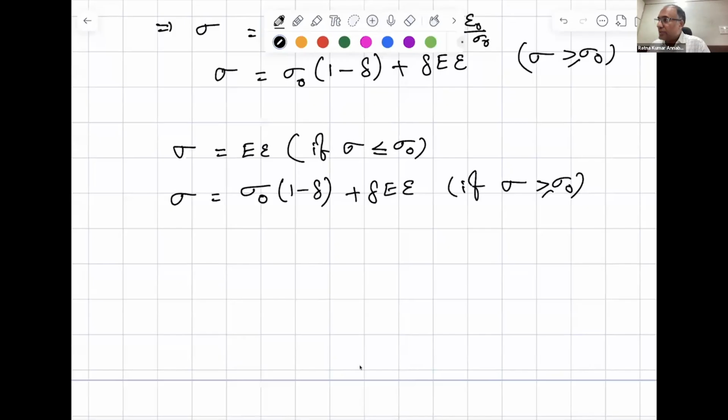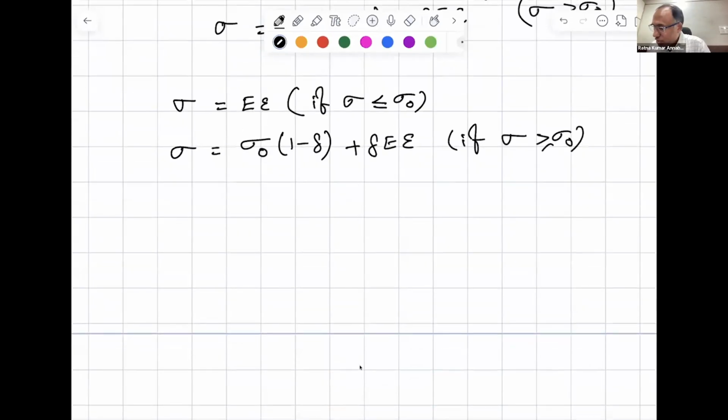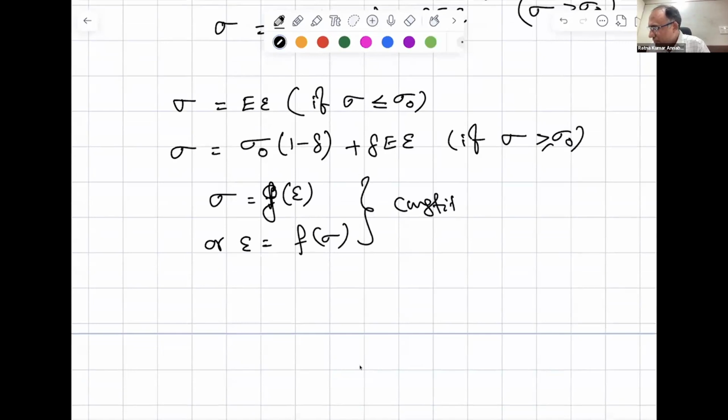And sometimes, as we have said, you can write the constitutive relation as sigma as some function of epsilon, or epsilon as some function of sigma. Both of them are constitutive relations that describe the behavior of the material.